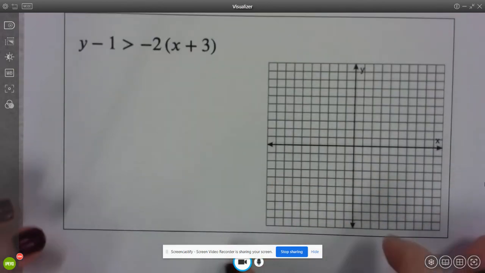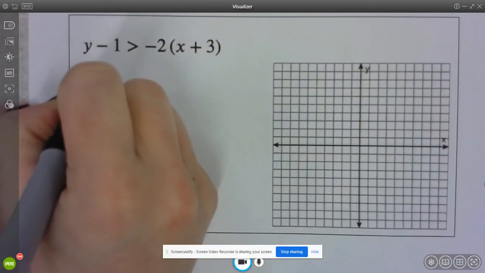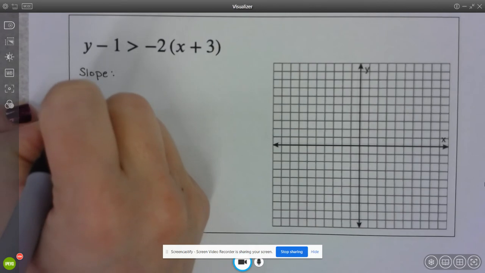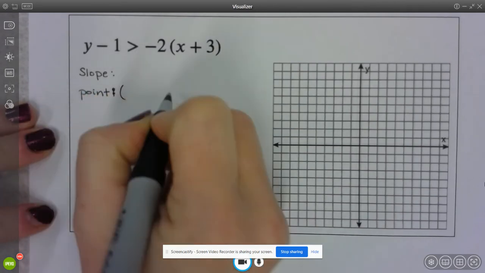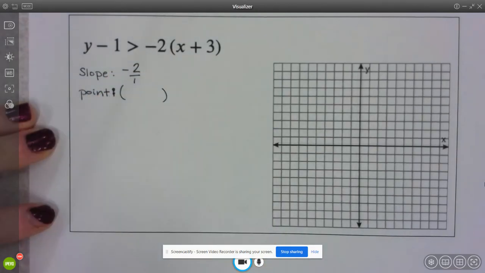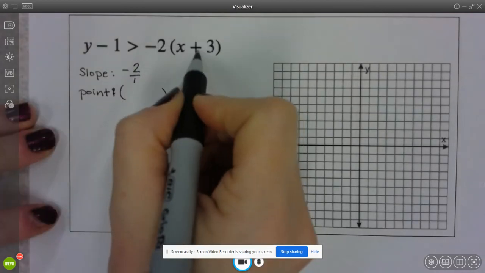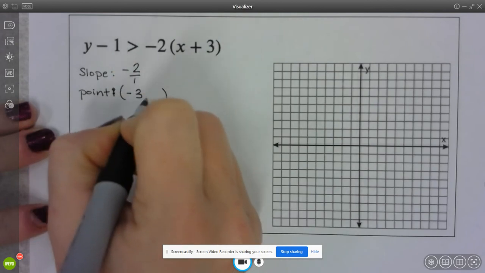Next one we're going to look at here is in point slope form. So I can pull out the slope and I can pull out the point. Oops. So my slope is -2, which is technically -2 over 1, and I like to write that just to remind myself. And remember, in my point slope form, it's the opposite of what I see.